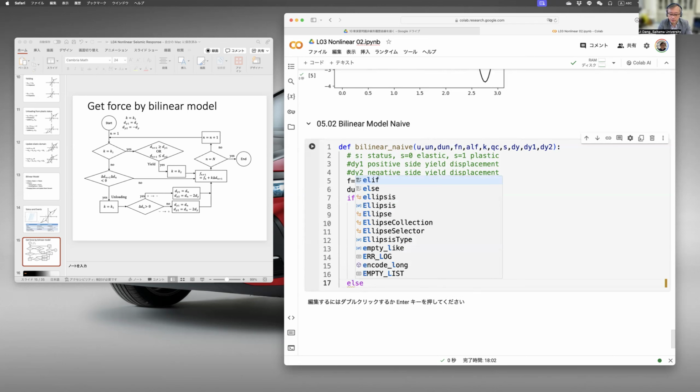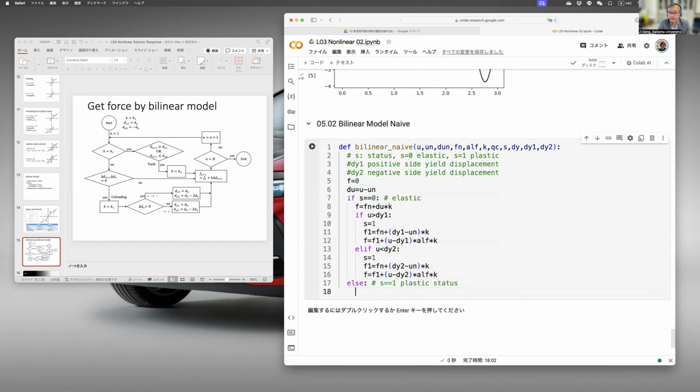So then let's say S is not equal to 0, which means S equals 1 is in the plastic status. So the function is similar to this one.